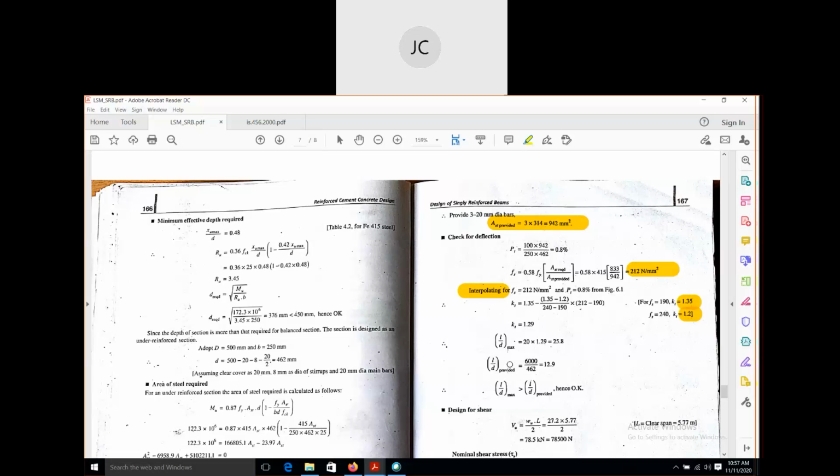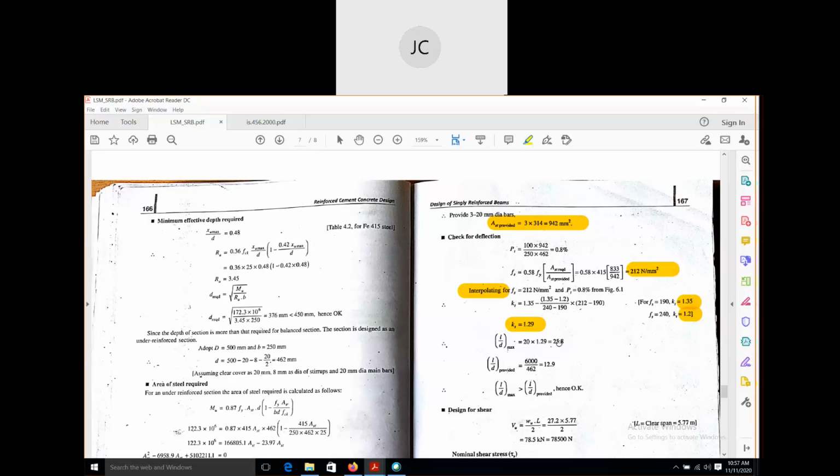So here also we have to do interpolation to find out the value for fs equal to 212. After doing the interpolation, for fs equal to 212, we have got the modification factor as 1.29.